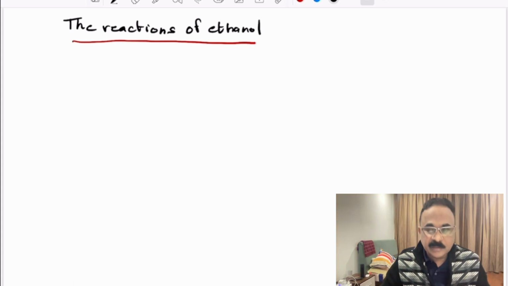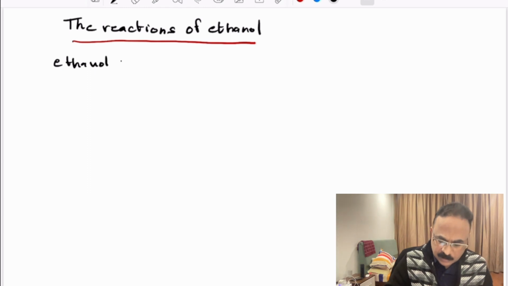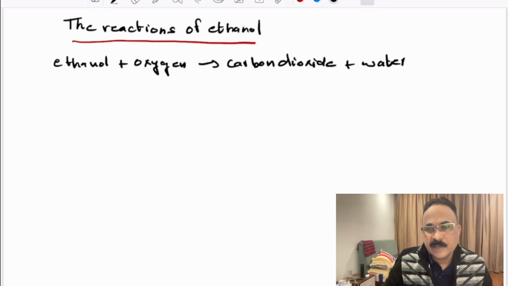So let's write down the equation of ethanol when it burns in the presence of oxygen. Ethanol plus oxygen will give you carbon dioxide plus water, because whenever we burn a fuel, it will always give you carbon dioxide and water.